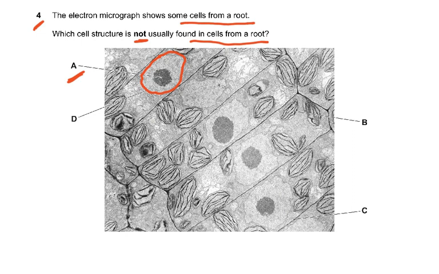B is a chloroplast, and C is the cell wall. Of course, you all know that a cell wall is present, and the nucleus is present, while the chloroplast is usually not present in a root cell. So the answer is B. Chloroplasts are not found inside root cells.